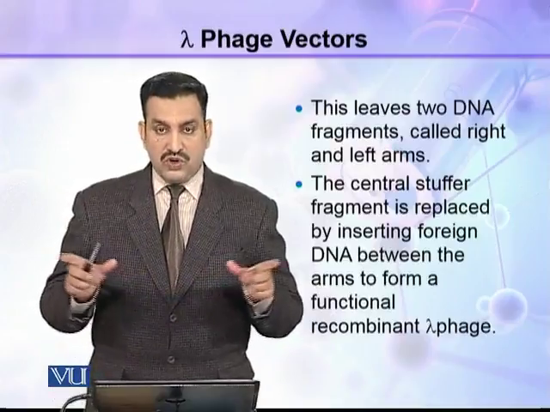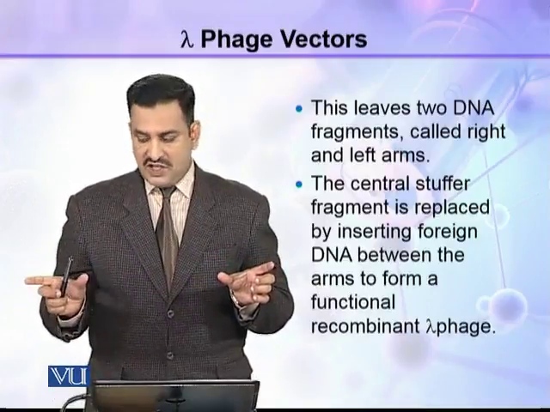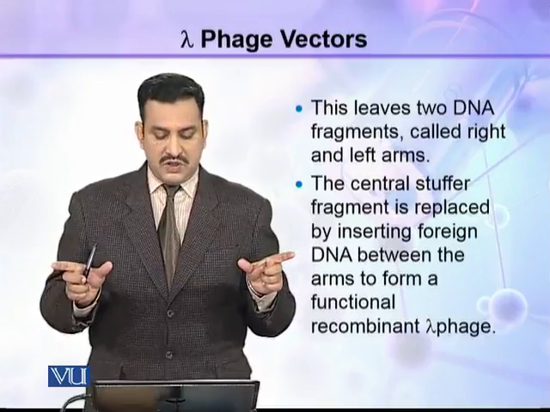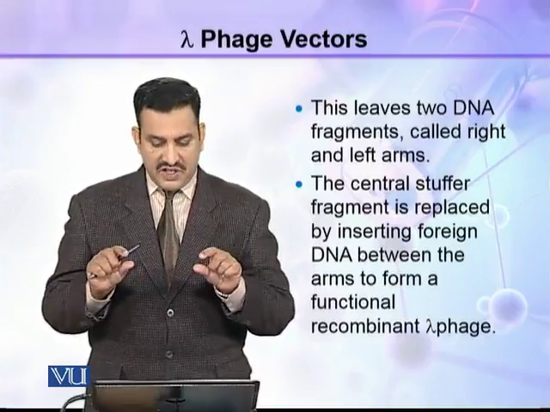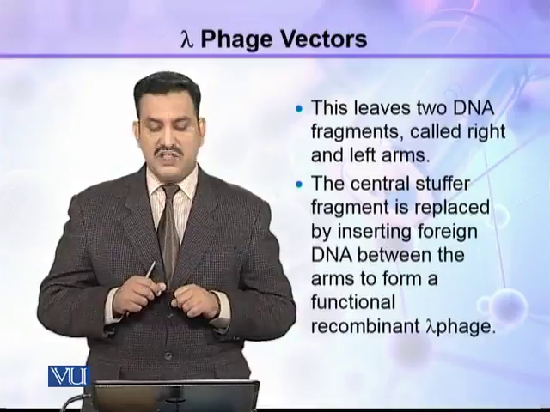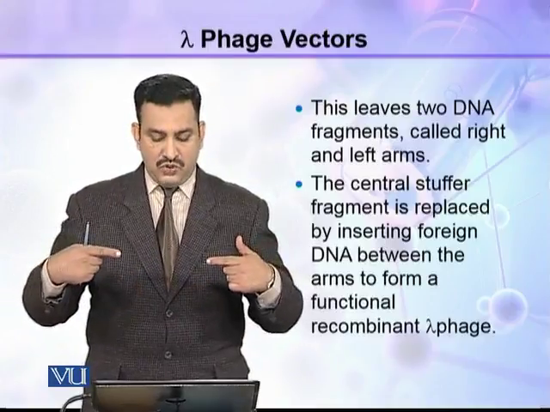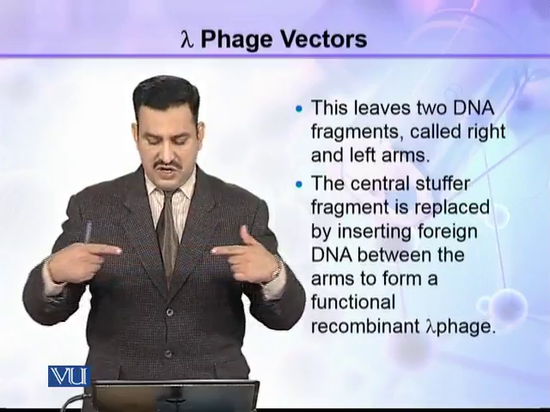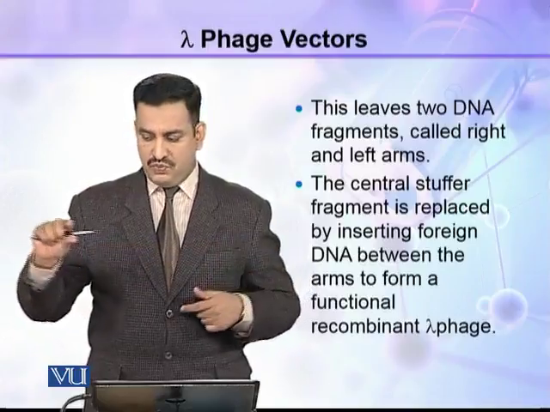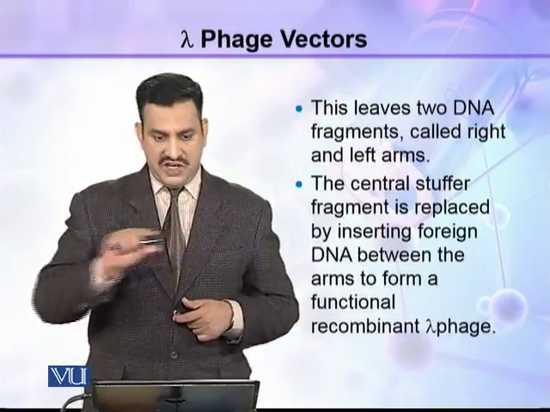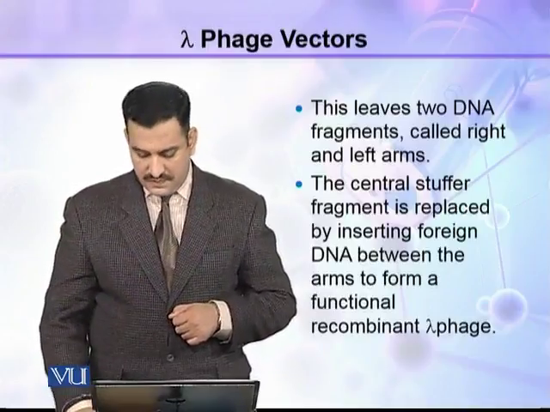This leaves two DNA fragments called right and left arm. The central stuffer fragment is replaced by inserting foreign DNA between the arms to form a functional recombinant lambda phage. ये पूरा जो है वो intact DNA बन जाएगा.